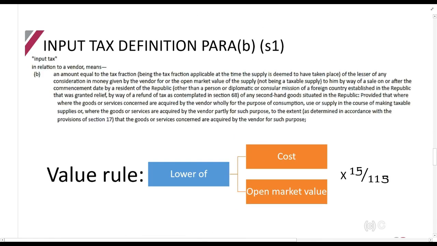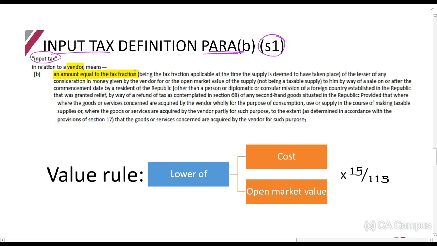So, where do we find this rule? Section 1, the input tax definition, paragraph B. Guys, I'm going to refer to it quite often, so make sure that you know where to find this. This is where we find the rule that tells you that you can claim notional input tax on second-hand goods from a non-vendor. It says, in relation to a vendor, input tax means an amount equal to the tax fraction.